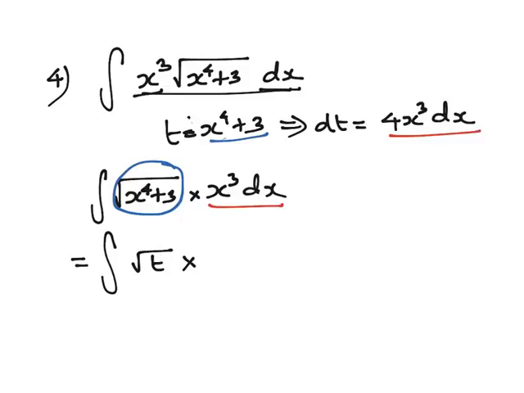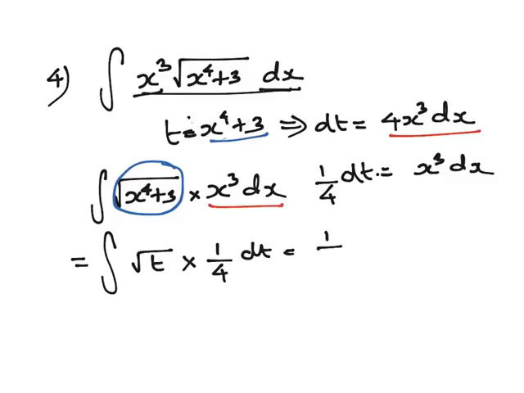I have 4x cube dx as dt, which means x cube dx is 1 by 4 times dt. So I will write 1 by 4 times dt. I can take 1 by 4 outside the integral sign.